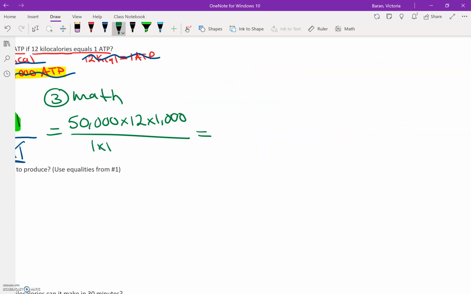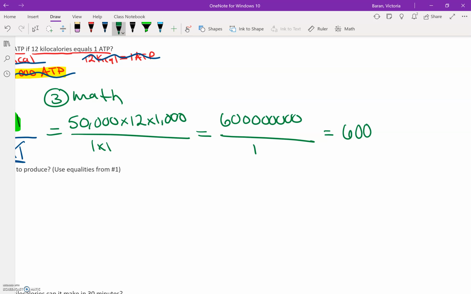So just to show you guys order of operations, I'm going to multiply everything in the top, really big number, 8 zeros, divided by 1. So you want to multiply everything in the top, write that number down, multiply everything in the bottom, write that number down, and then the last thing you should be doing is dividing the top by the bottom.